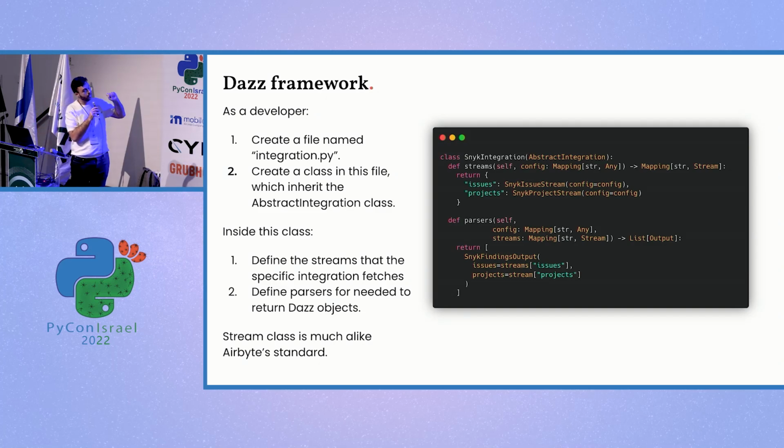As you can see, there are streams of Snyk issues and Snyk projects, and you define parsers. So for this example, we take the issues stream and the project stream and return output, which is Snyk findings. And maybe this parser knows how to cross the data and manipulate it for our own needs. And there is no definition of how to fetch data, right?